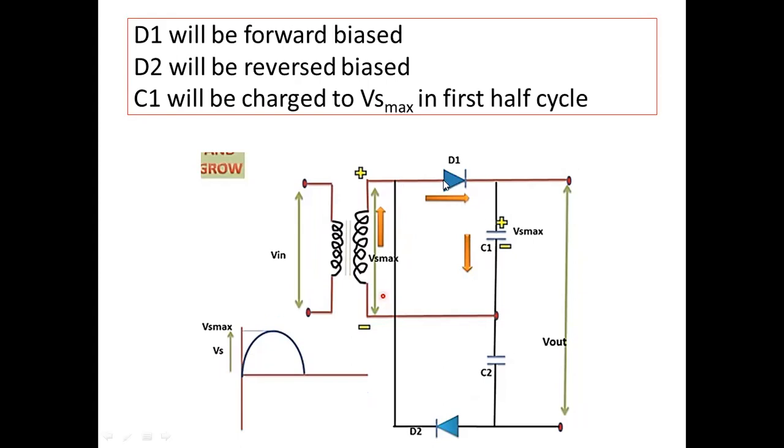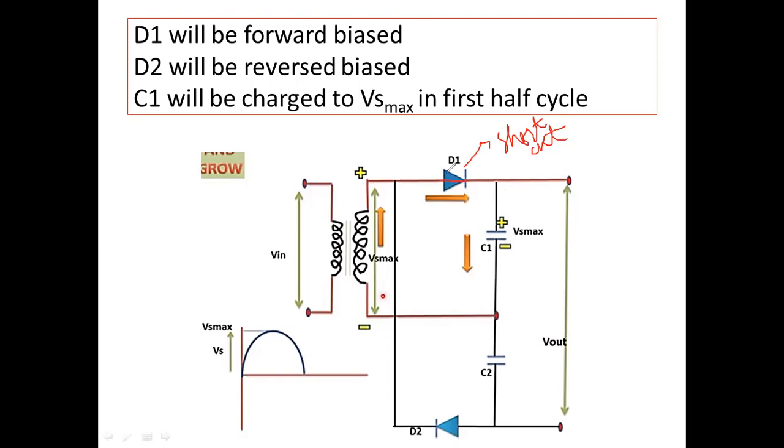Okay, so when the current flows through the D1 diode, it will be forward biased. Forward bias means the diode will act as a short circuit. So we can represent it by a short circuit as well, a straight line.